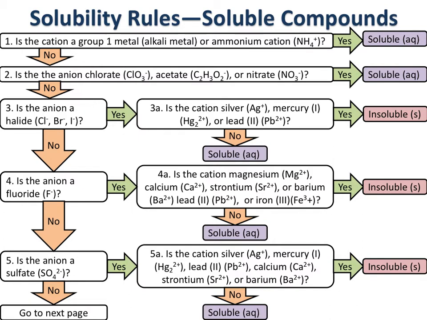Starting at question 1, is the cation a group 1 metal, alkali metal, or the ammonium cation, NH4+? If the answer is yes, then the compound is soluble and you are done. If the answer is no, then go to question 2.